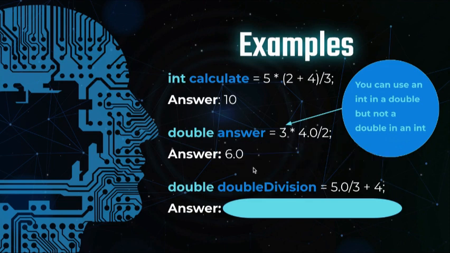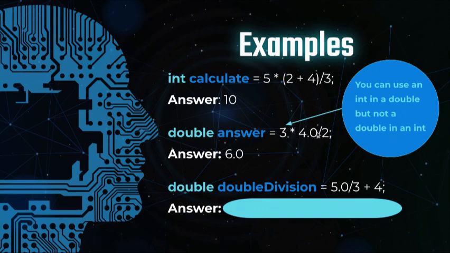So for the next one, hopefully you got the answer of 6.0. So here I just made a little note about how you can use an int in a double, but not a double in an int. That was just kind of like your little reminder from the previous slide. But yeah, I want you guys to notice something here. Do you see how when you're doing this double division here, you've got 4.0 divided by 2? That's going to yield you an answer of 2.0. Even though you're dividing by an int, you're still going to get an answer that returns in a double.